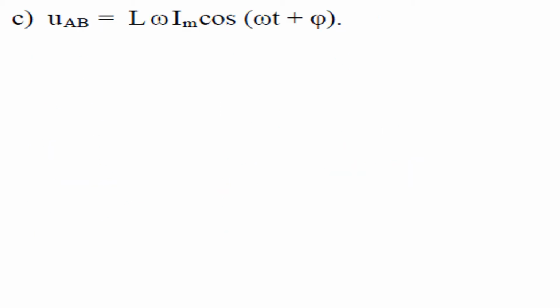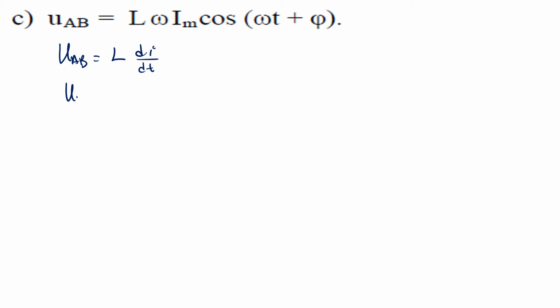Now, show that UAB is equal to L omega Im cosine omega t plus phi. UAB is the voltage across the coil, so it's equal to L di by dt, because it is the voltage across the coil and we do not have internal resistance.